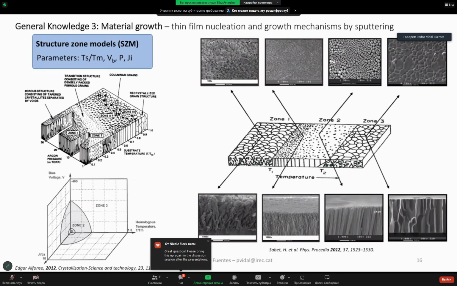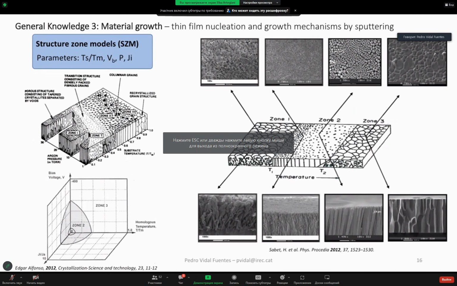And with this, you can define zone diagrams, for which, for example, there is a beautiful image on the right. You can see as you increase the substrate temperature, you start to have different growth mechanisms in your film. If you give enough temperature, you can make the interfaces between the growing grains move.